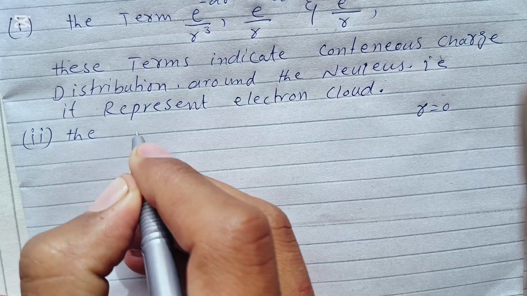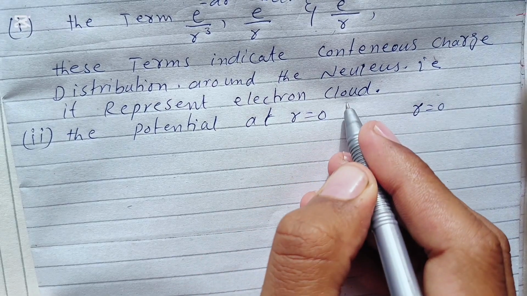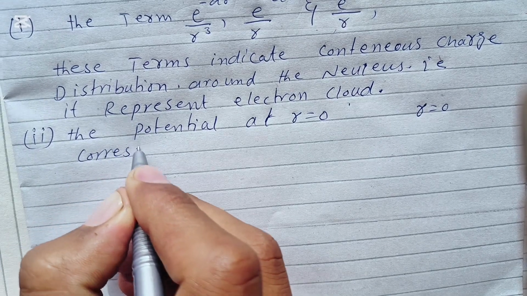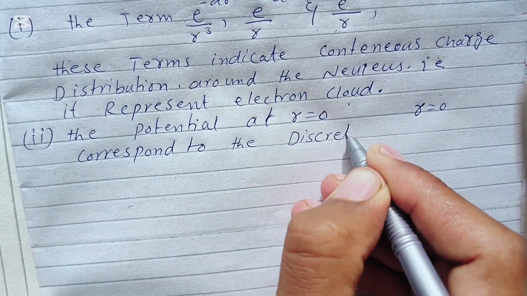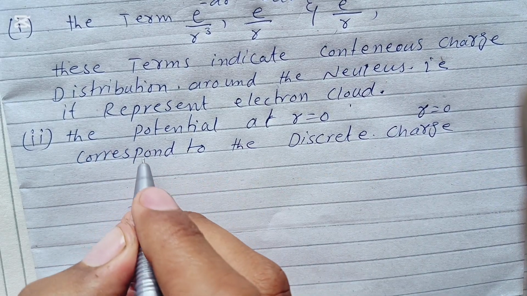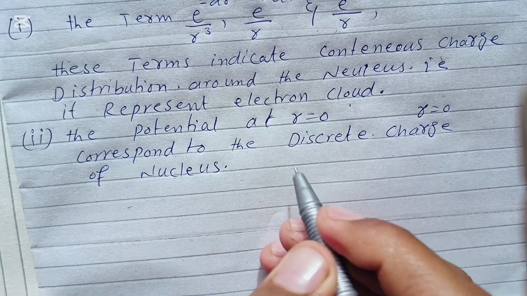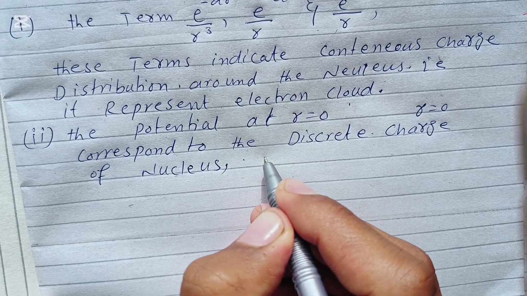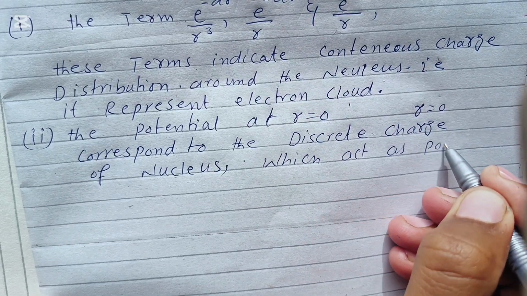The potential at r equal to 0 will correspond to the discrete charge of the nucleus, which acts as a point charge.